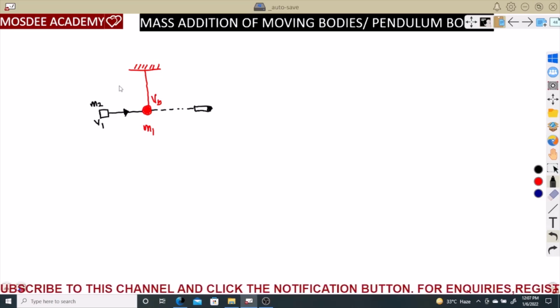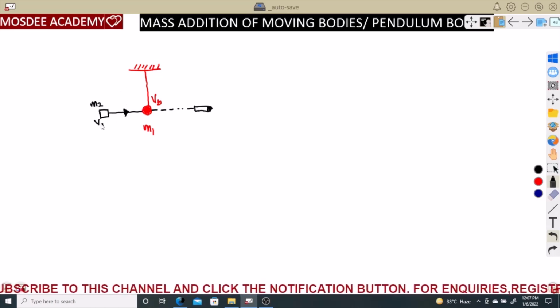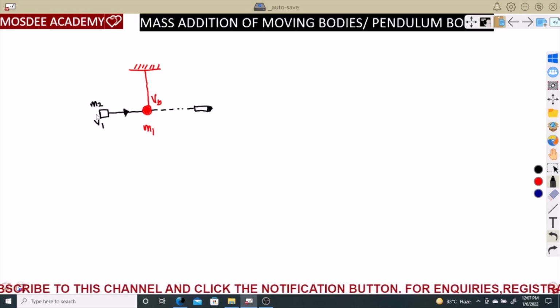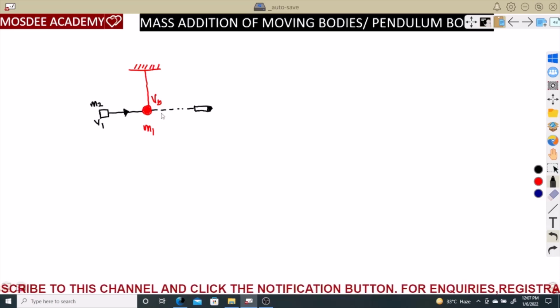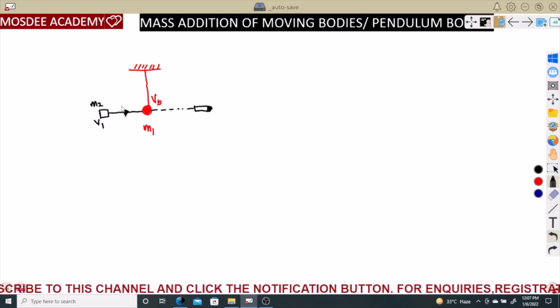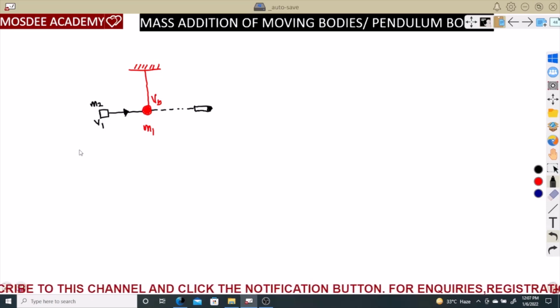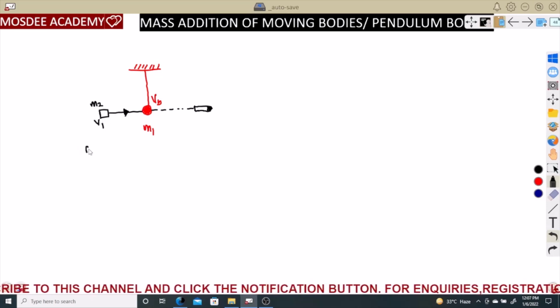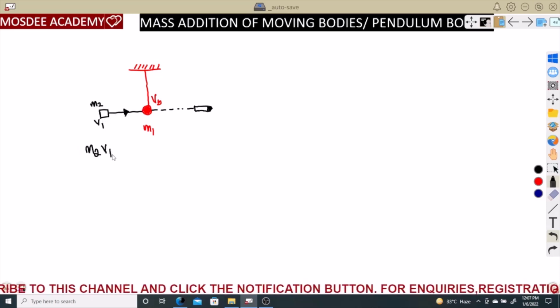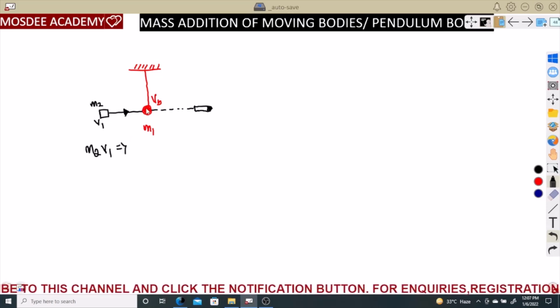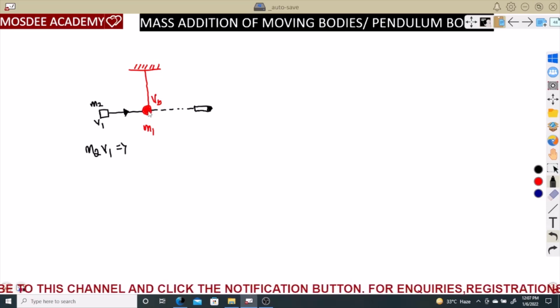I keep saying that. Now listen guys, because this is a pendulum, as this thing was fired to this, before the collision, we have initially the momentum m2 v1. Initially must always be equal to what we have when it was fired.